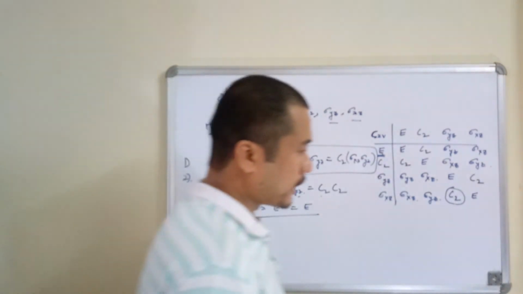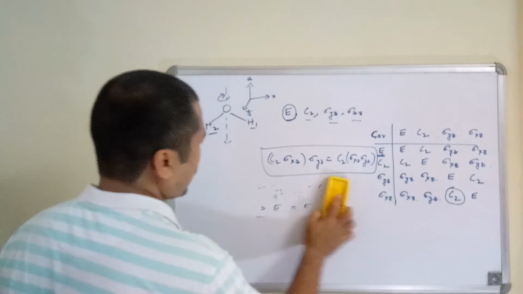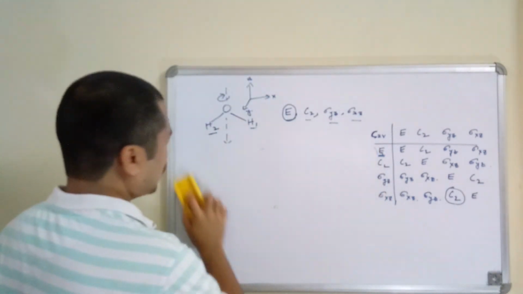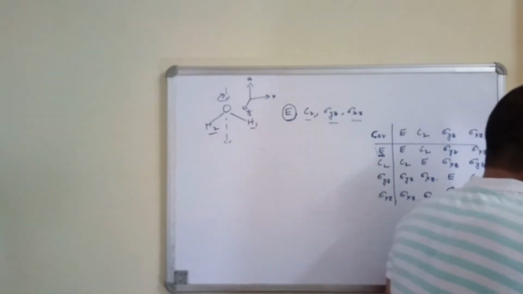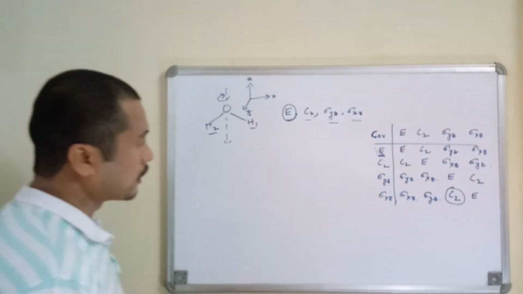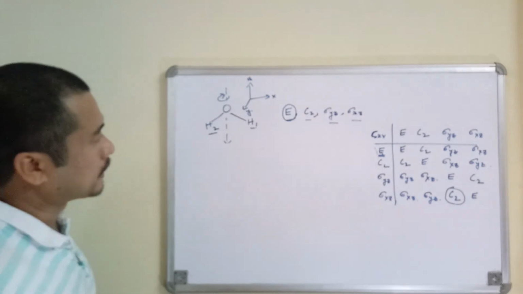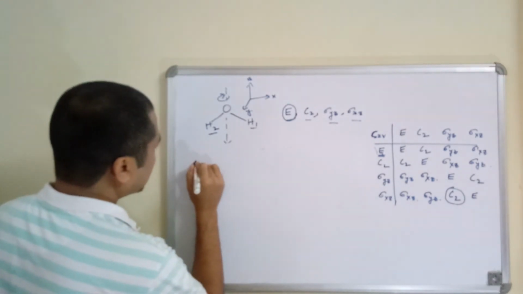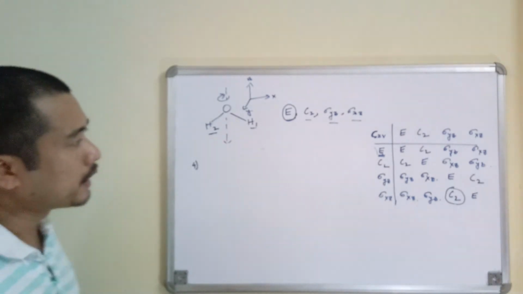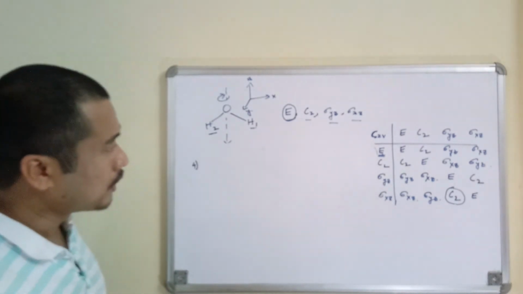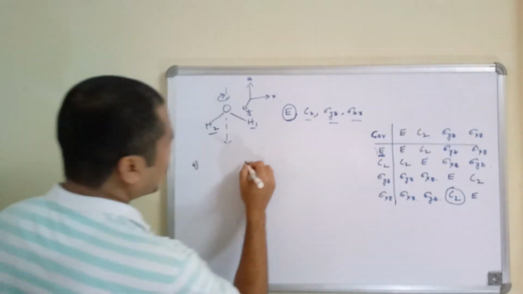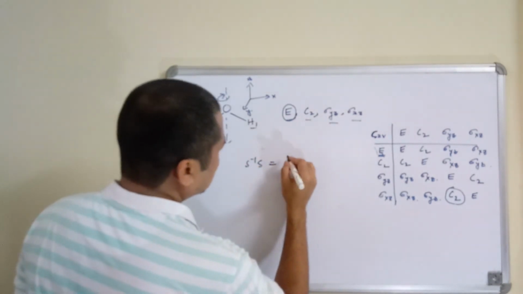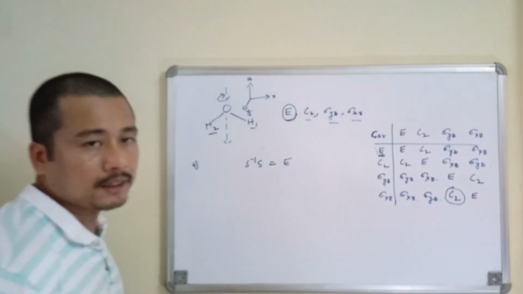The fourth rule states that we have to find out whether the fourth rule of a mathematical group is followed by this collection of symmetry operations in the water molecule. The fourth rule essentially states that there must be a reciprocal for each of the elements, and whenever we multiply the element with its reciprocal, we will get the answer as identity.